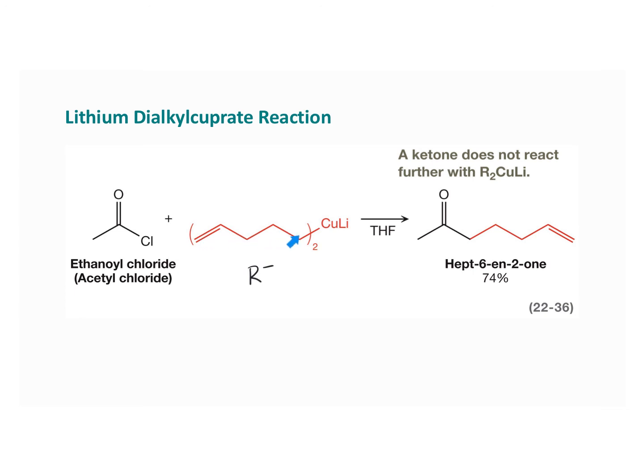So this is color coded and we can see where it adds right here, okay? Now, under these conditions, this ketone doesn't react any further. Lithium dialkyl cuprates also do not react with esters or amides, which are significantly more stable than acid chlorides. So to convert an ester or amide into a ketone, we need to convert it into an acid chloride. We'll talk about that later, but right now I want us to do a problem.